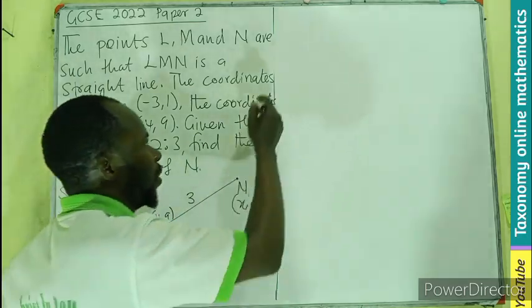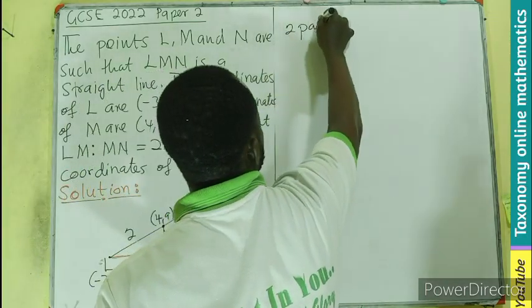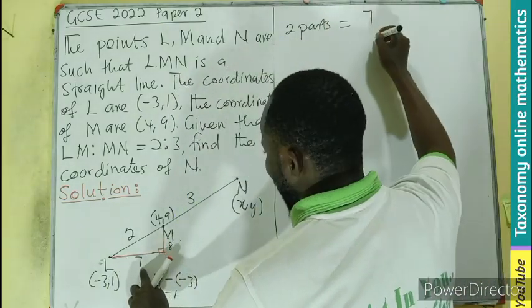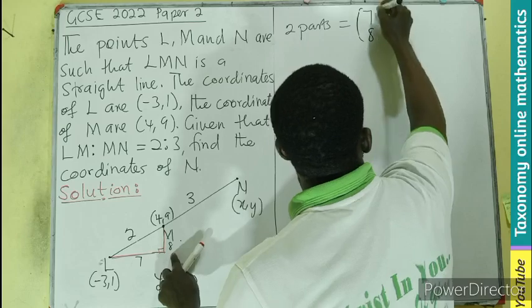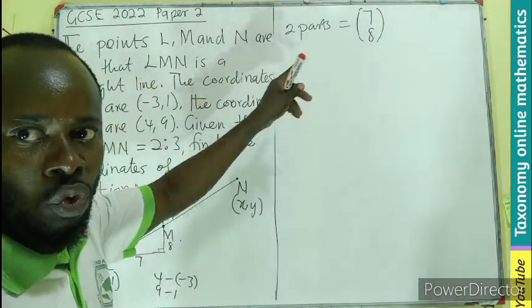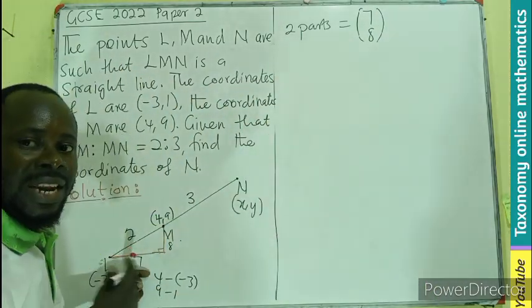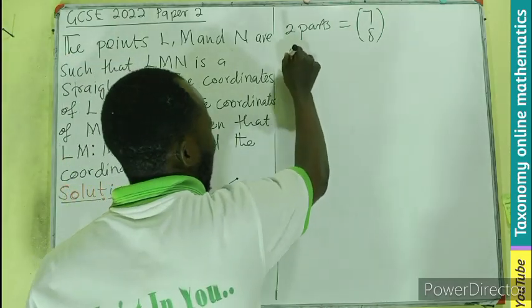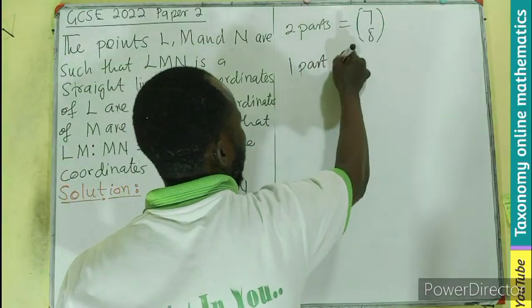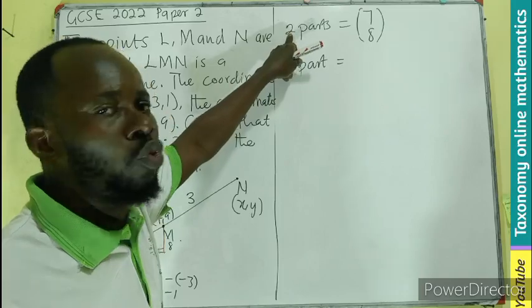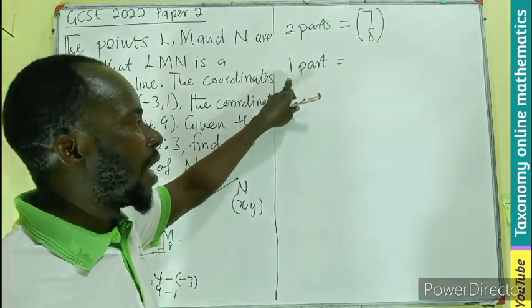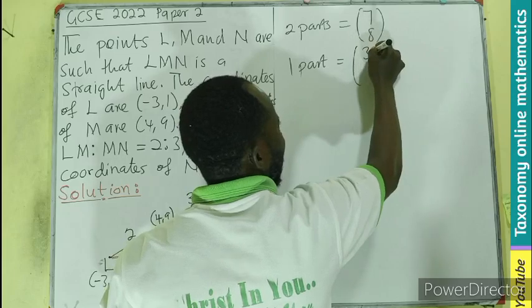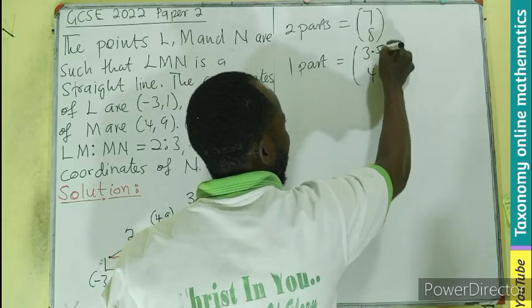So the 2-part division is giving us 7 on the x-axis and 8 on the y-axis. Then let's find one part. We divide 7 by 2 and 8 by 2 to get 3.5 and 4.